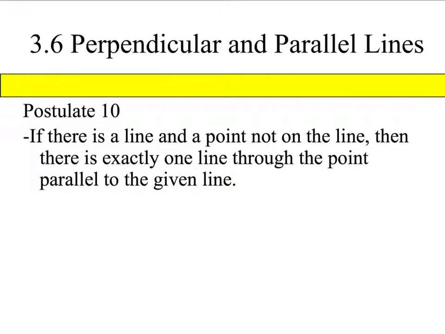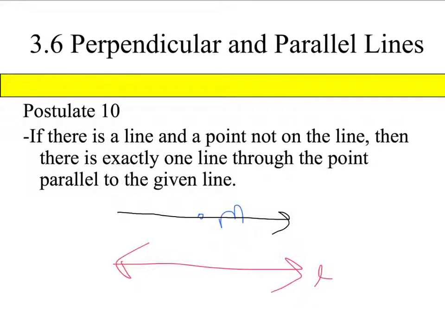So the very first postulate of today is: if there is a line and a point not on the line, then there is exactly one line through the point parallel to the given line. In other words, if I give you a line, let's say that's line L, and we have point M, there is exactly one line through point M that is parallel to line L, and that would be something like this.